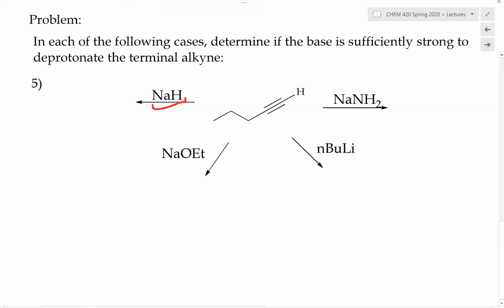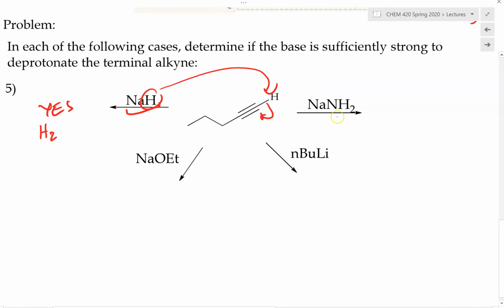The answer is yes, because once sodium hydride picks up this hydrogen, it will produce H2, and the pKa of H2, as we have seen already, is about 35. So sodium hydride will be able to deprotonate the terminal alkyne. Second, sodium amide. Clearly the answer is yes.